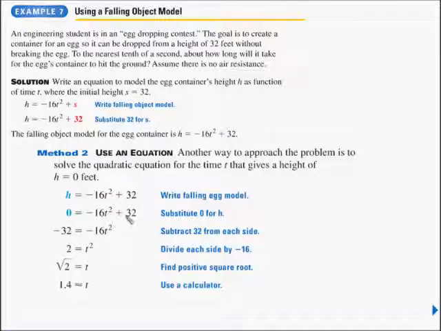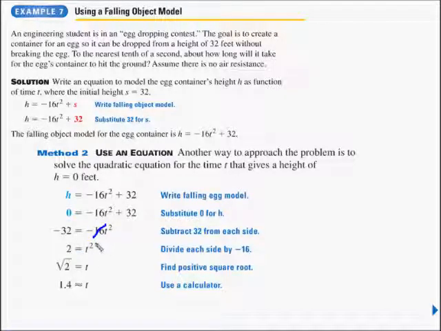So if it's 32, we need to subtract 32 from both sides, giving us negative 32 equals negative 16t squared. Now I have just one variable over here, so I need to divide both sides by negative 16 to get rid of my coefficient, and that would leave me with 2.